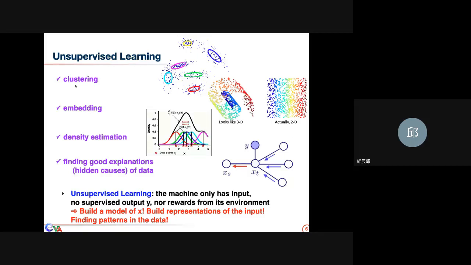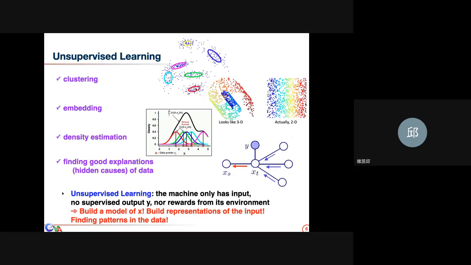So before I go into the last category, let's first talk about the first three. Clustering is basically trying to group your data set into some clusters, or some small groups. The basic idea is that we try to group similar data points into the same cluster, such that we are able to see how your data set is formed.